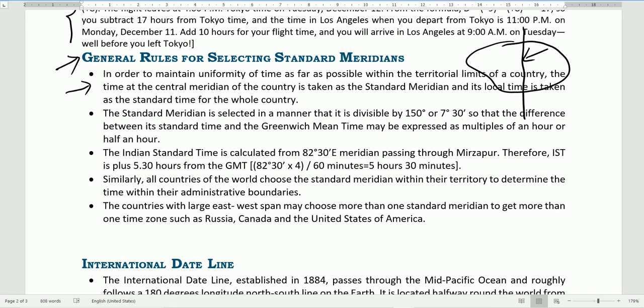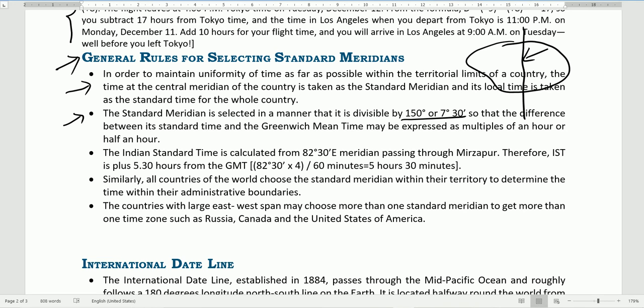The standard meridian is selected in a manner that it is divisible by 15 degrees or 7 degrees 30 minutes, so that the difference between its standard time and Greenwich Mean Time may be expressed as multiples of an hour or half an hour. So this is the second rule.